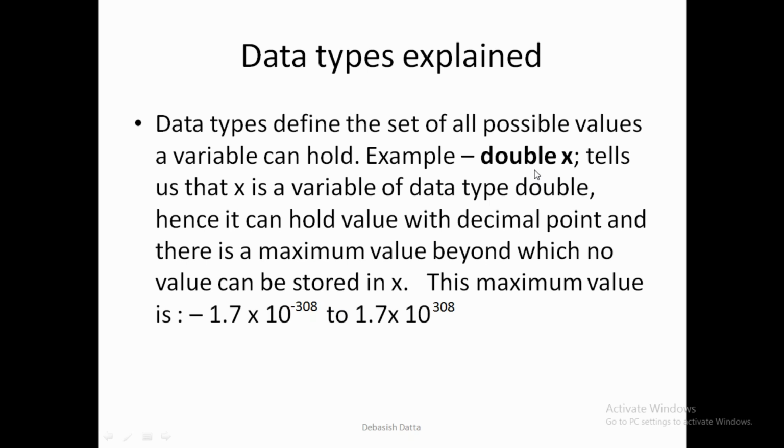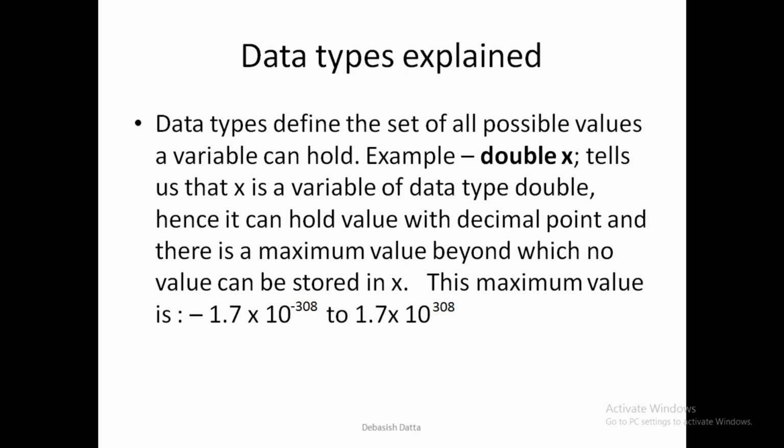It tells us that x is a variable of data type double, and it will store or hold values with a decimal point. Also, it must be remembered that every data type, or every variable of a certain data type, has a minimum value and a maximum value.